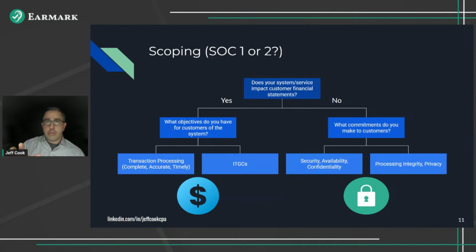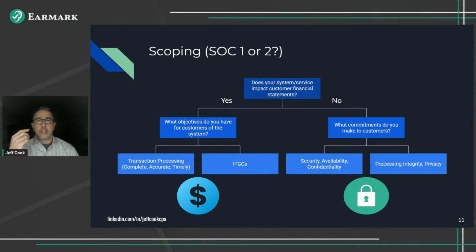Basically, protection of customer data is almost in every contract or service level agreement. Availability and confidentiality are the two, in addition to security, that I see most commonly. A lot of SLAs, or service level agreements, will have availability in there. Confidentiality is very similar to security in a lot of aspects because it's protection of data.